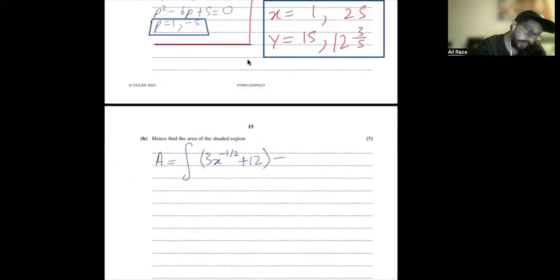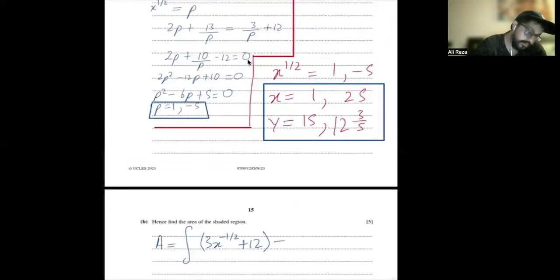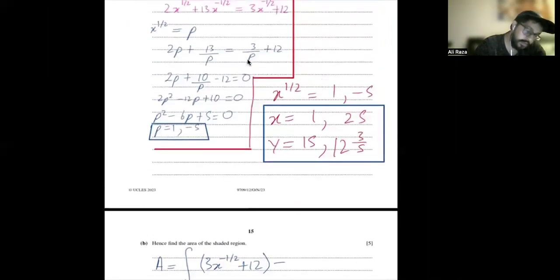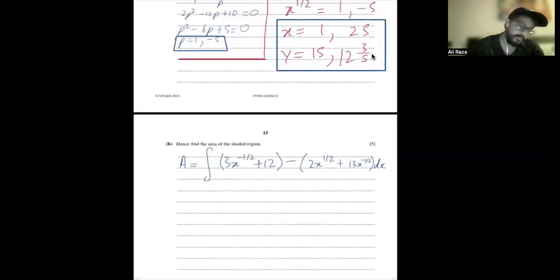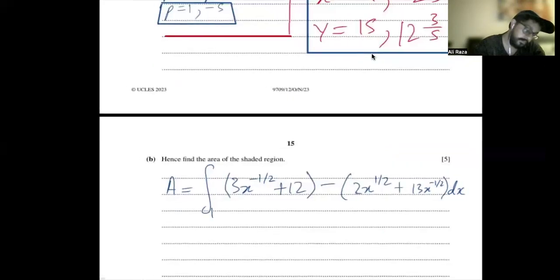And from this, we'll subtract 2x power 1 over 2 plus 13x power minus 1 over 2 dx. And the limits would be the values of x we found in the previous part. The limits would be 1 and 25.